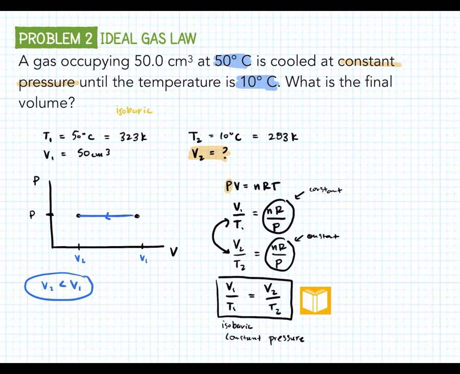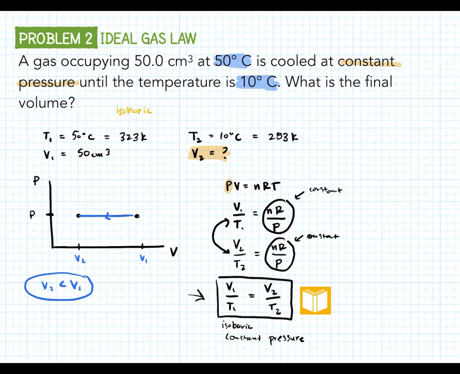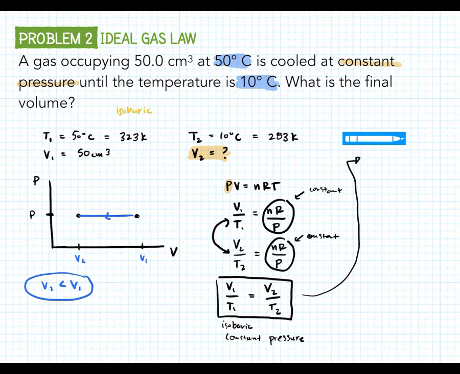Okay, so here's our equation over here, and we're going to start there. We're solving for volume 2. Okay, so when we solve for volume 2, let's bring this up here. We do some algebra and we see that V2 is going to be equal to V1 times T2 over T1.